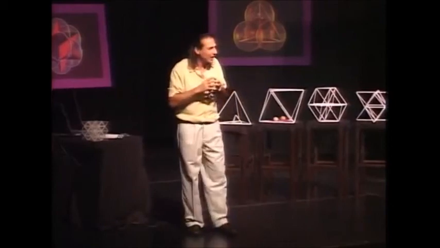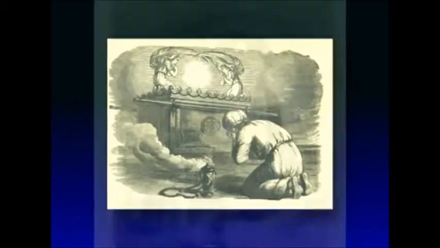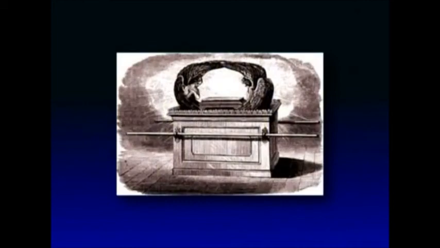It describes God as an object. It describes that they have some kind of link or communication with God through an object that they call the Ark of the Covenant of God.